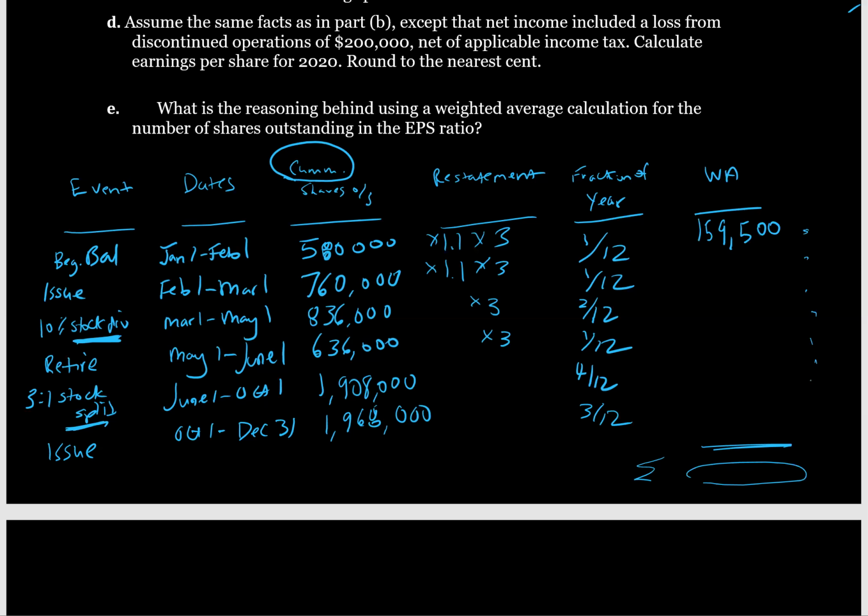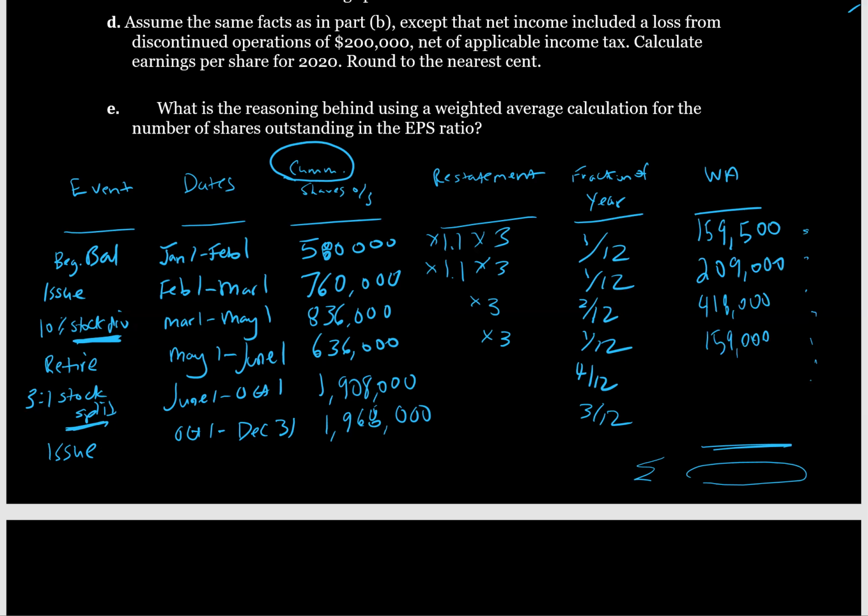February, 760,000 times 1.1 times 3 times 1/12. We're going to end up with weighted average of 209,000. March, 836 times 3 times 2/12 is going to give us 418,000. Okay, and May 1st to June 1st, 636 times 3 times 1/12 is going to give us 159,000.